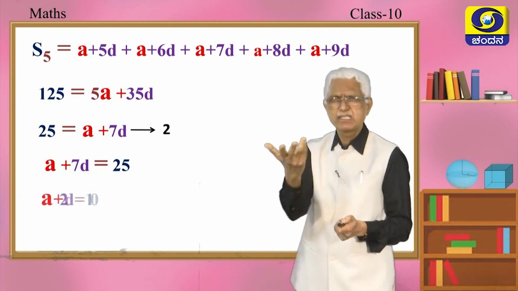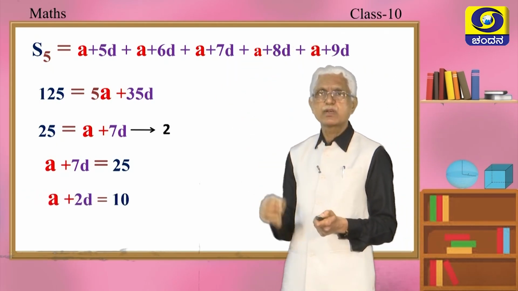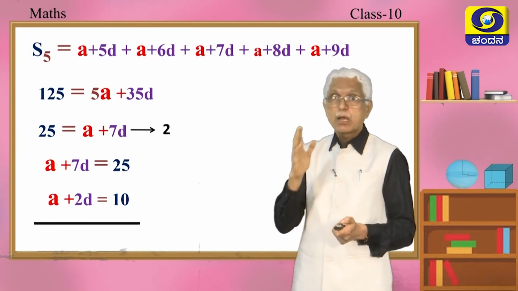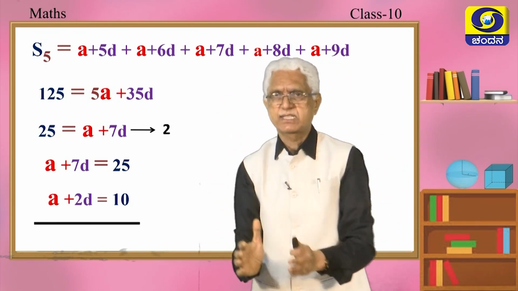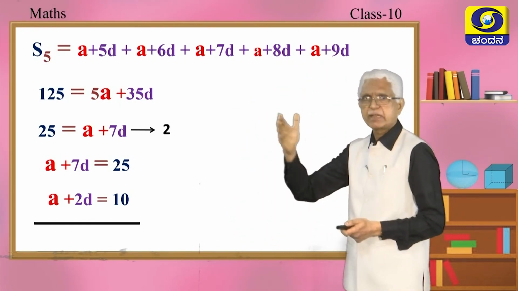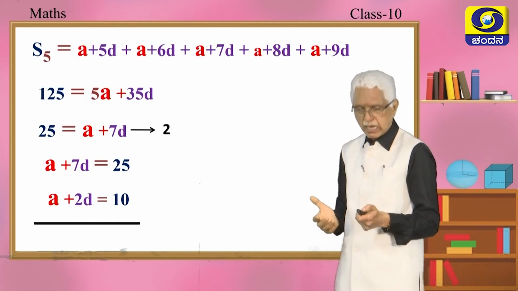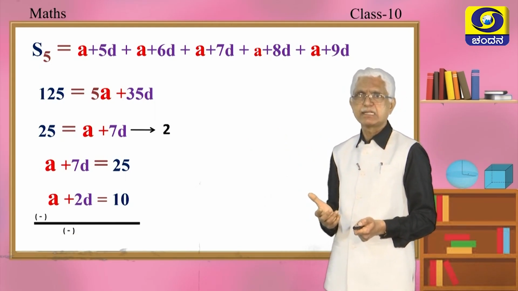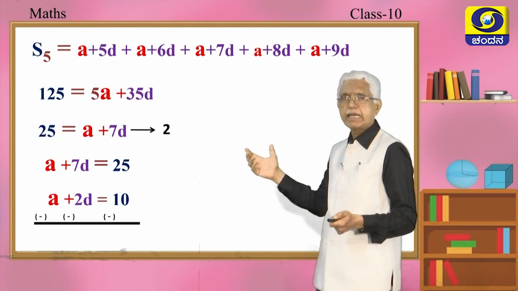A plus 7D is equal to 25. The first equation was A plus 2D is equal to 10. By now, you are so well versed, so confident of solving a pair of linear equations. A plus 7D 25, A plus 2D 10, and A gets cancelled, correct? A and A gets cancelled.